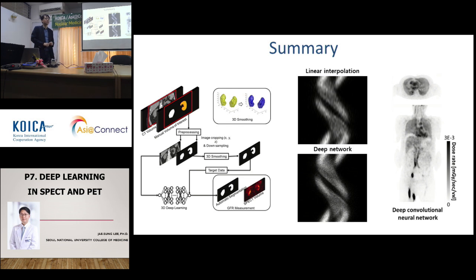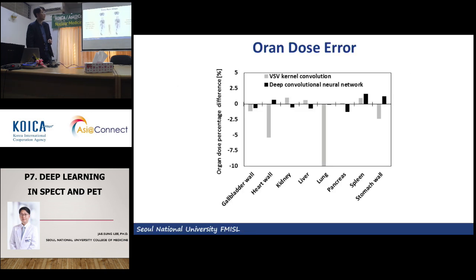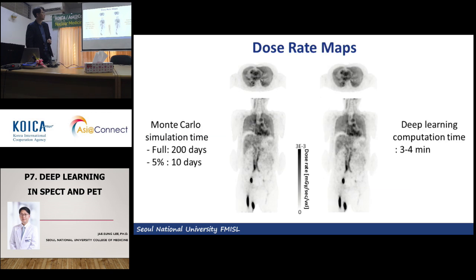Among the entire time, dose rate, image generation, how much percent of time? So at first dose rate maps, and then what's the next step?